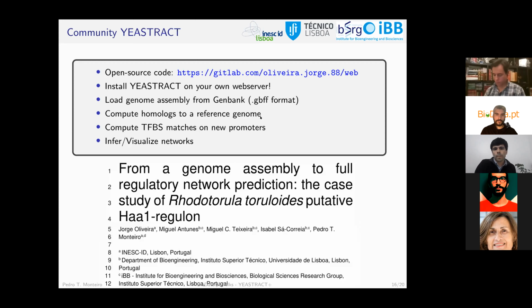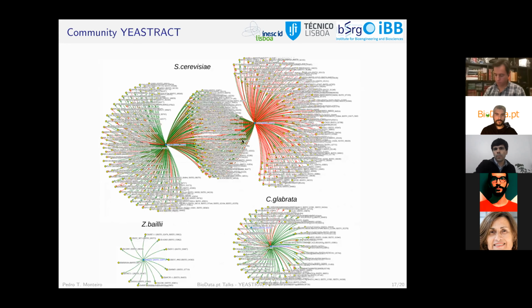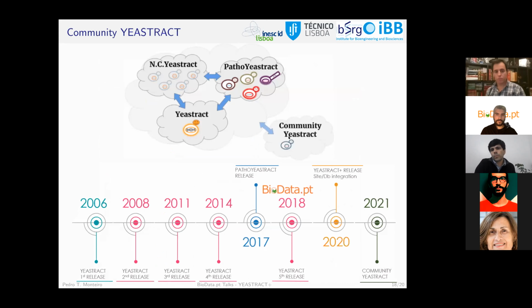And so with this, we have an official release of what we call community YEASTRACT, and it's separated from the rest of the portal, because in here, these three databases, the non-conventional, the pathogenic, and the classical YEASTRACT, we do provide curation for the regulatory associations.